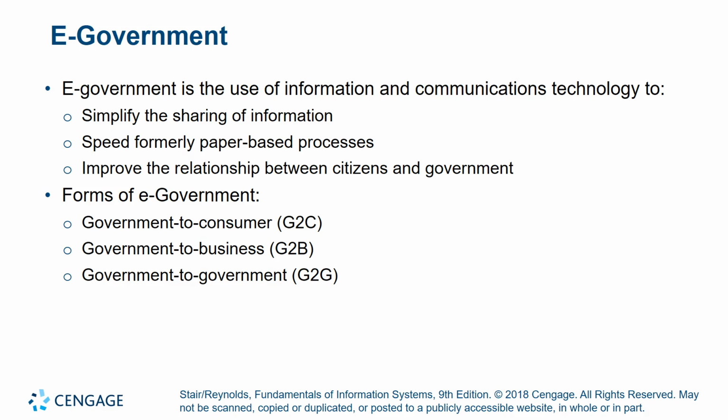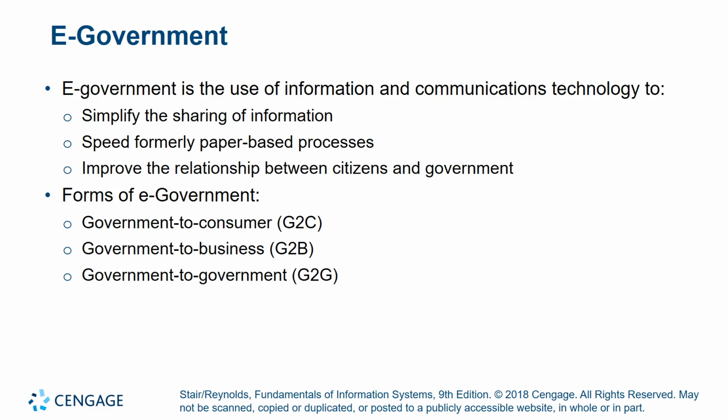Government to consumer, government to business, government to government. So government to government: the federal government and the Department of Education loans money to this college to get to your financial aid. Government to business: when we pay sales tax in the state as a business, that's that idea of government to business sending information.